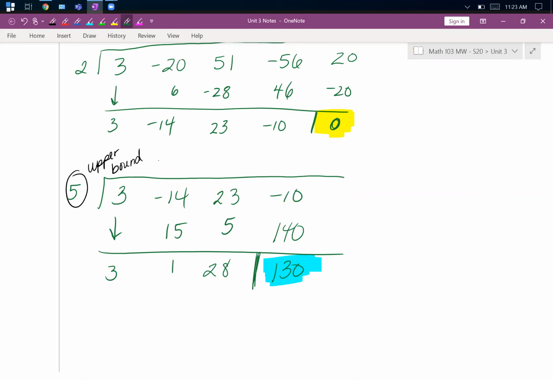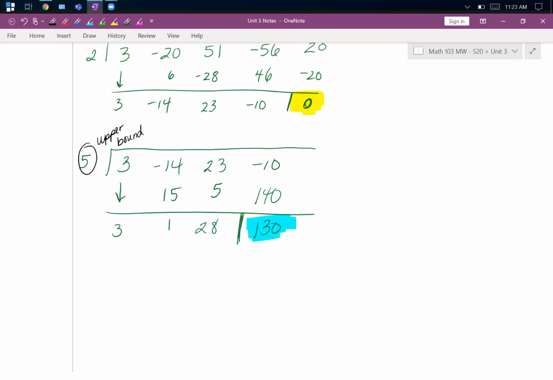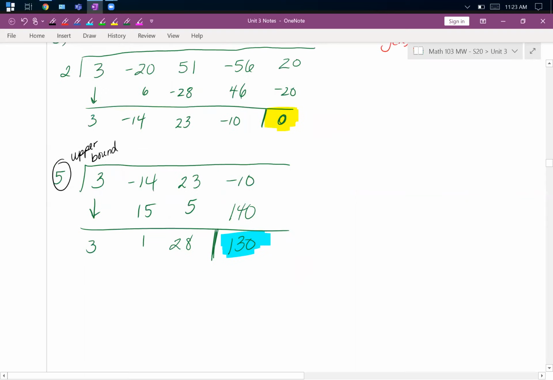4 maybe? Wait, no, that might just be similar to 2 because it's a multiple. Say that again, Anthony? Would 4 have the same effect as 2 since it's a multiple of 2? Not necessarily. So we can certainly try 4.